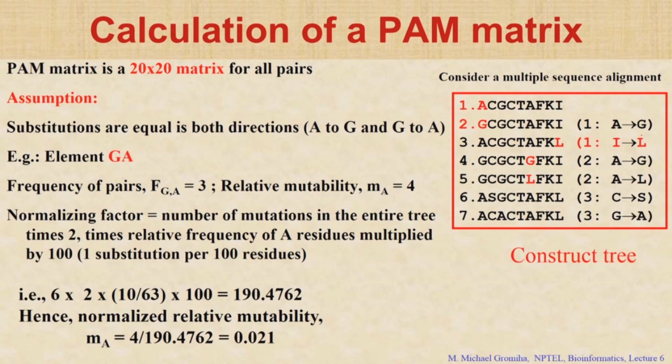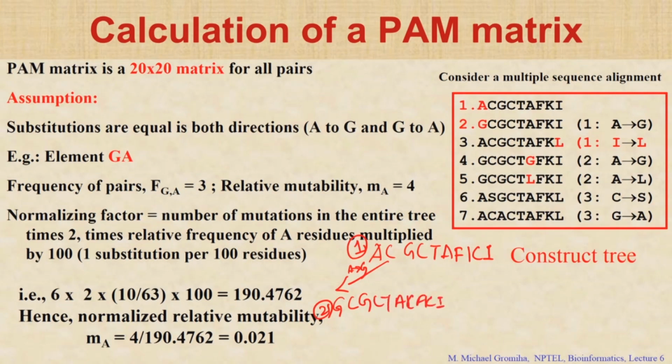For example, if you take this one here, A C G C T A F K I, this is 1, this goes to 2, what is the mutation? A is mutated to G. So, now here the sequence is G C G, the rest is the same, C T A F K I.